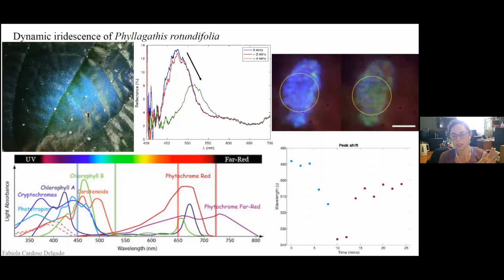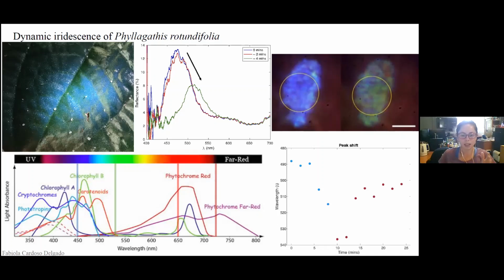I was constantly irradiating with white light and then measuring how the peak reflectance changed. And you can see that it does redshift over time. The dark red ones are when the leaf is readapting to darkness. You can see that the reflectance does recover slightly over time. It takes longer to recover than it does to redshift, but it does come back after around 10-15 minutes.